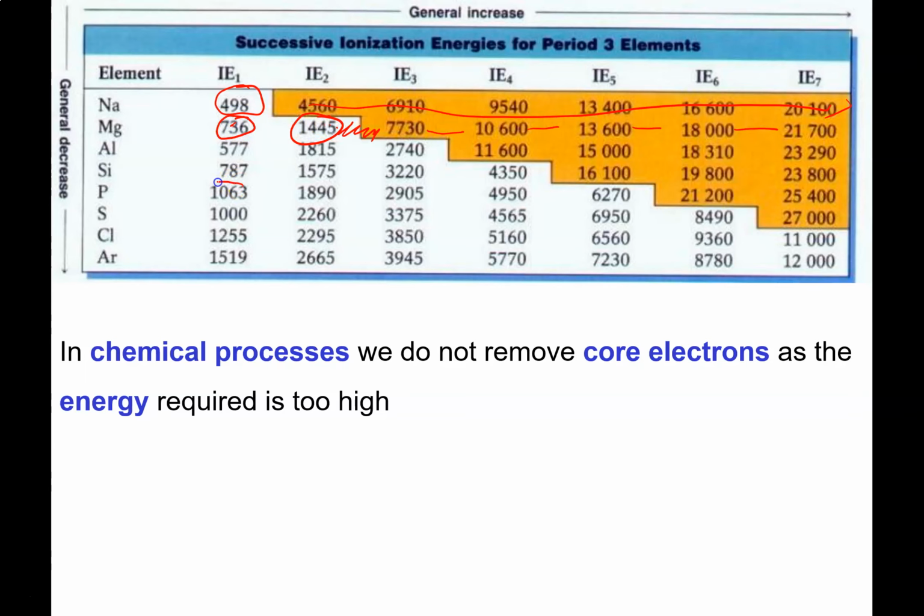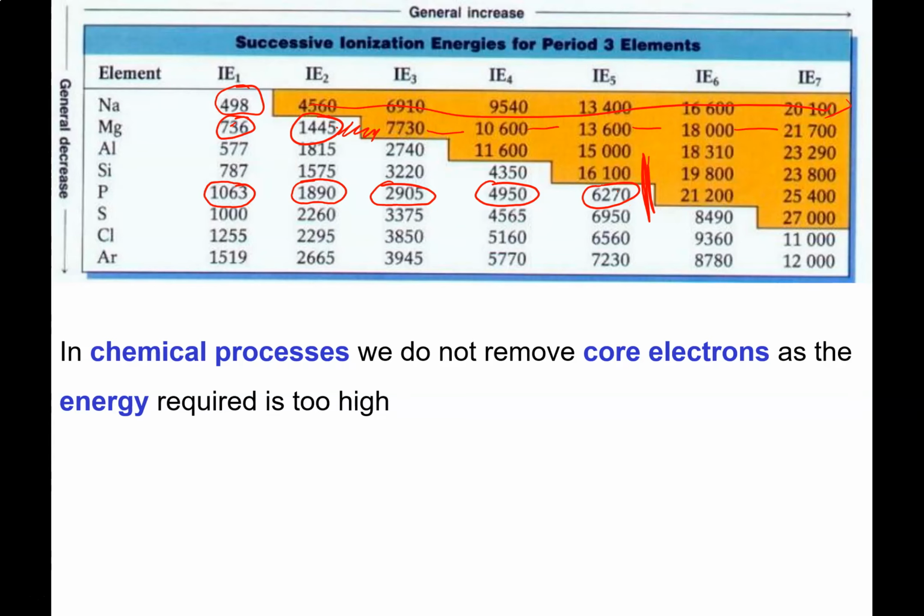If I go to phosphorus, I get a modest increase in ionization energy from IE1 to IE2 to IE3 to IE4 to IE5, and then a huge jump between IE5 and IE6, and that lets us know that phosphorus has 5 valence electrons.